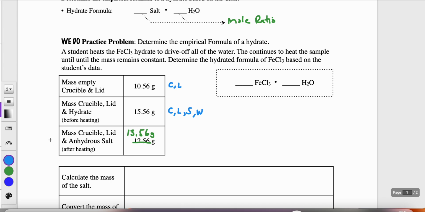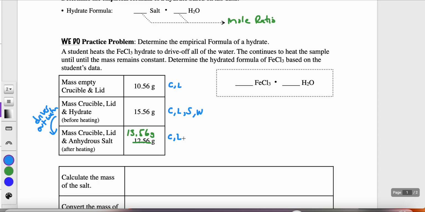After heating, the purpose of the heating, so to go from here to here, it's being heated, this drives out the water. So the last mass here, 13.56, still the crucible and lid are still present, but now it's the anhydrous salt, meaning the water's been driven out.